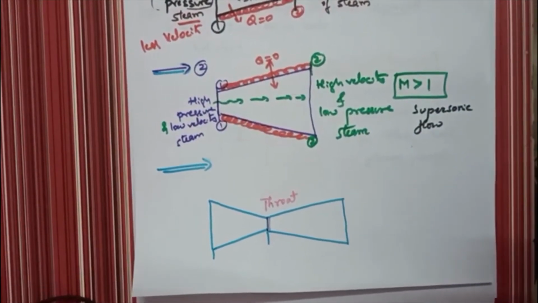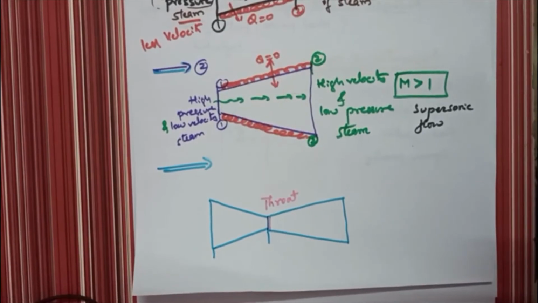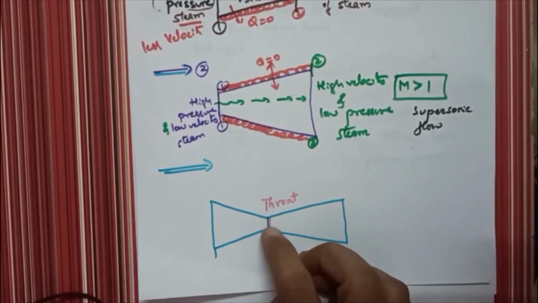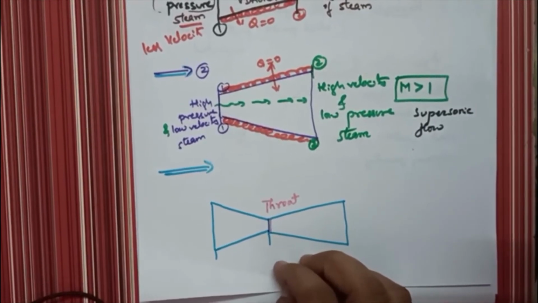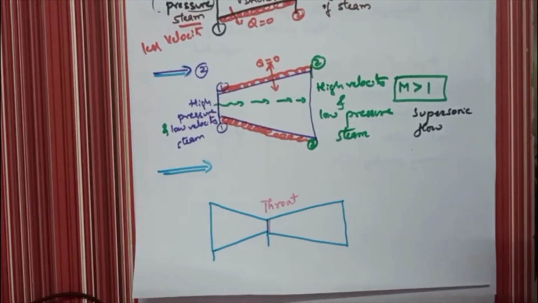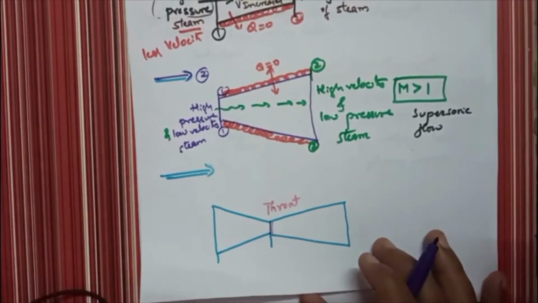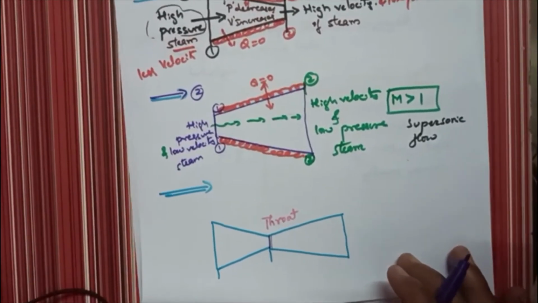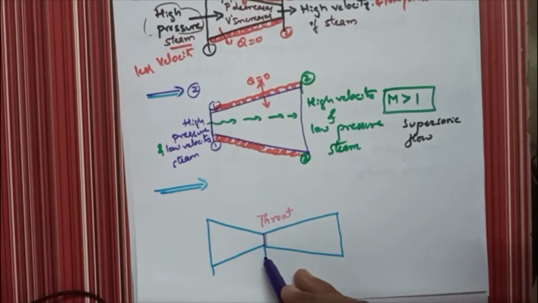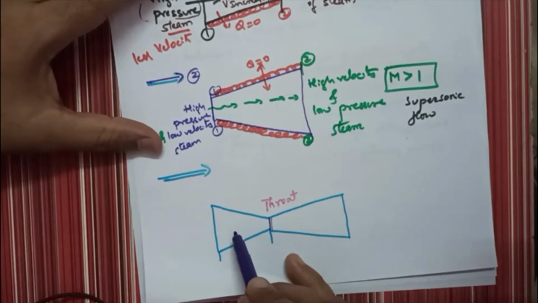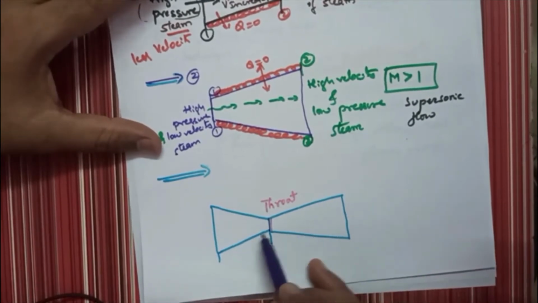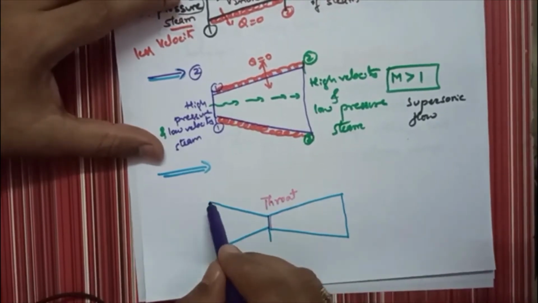The throat is a small portion of the convergent divergent nozzle. The pressure measured at the throat is called the critical pressure. Remember, a very important term. So what is critical pressure? Critical pressure is the pressure measured at the small portion of the nozzle called the throat. In the convergent divergent nozzle there are three sections.